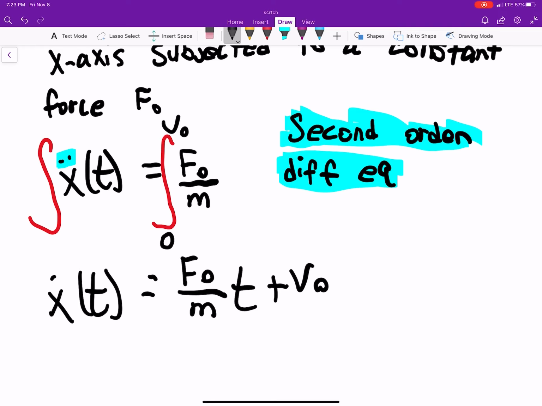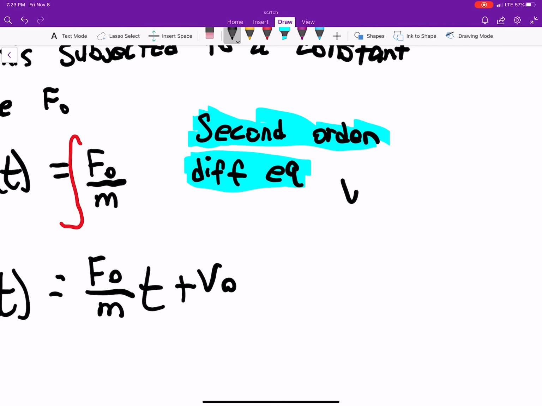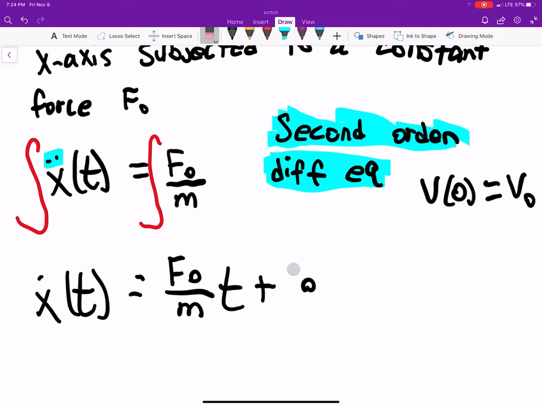So that's our initial, basically we're just saying that whatever our initial velocity is, whatever you're starting with, that's our constant. Maybe an easier way of seeing this without the limits is that v of time 0 is v naught. And then instead you could think of it as plus c, but then when you let t equal 0, this would go to 0, and c is v naught. Let's not do that though, let's just do this.